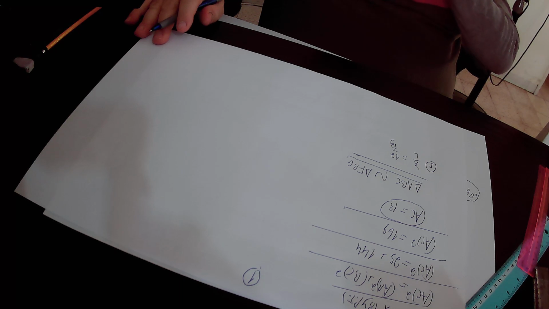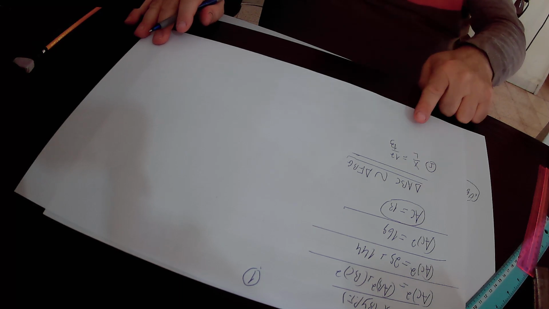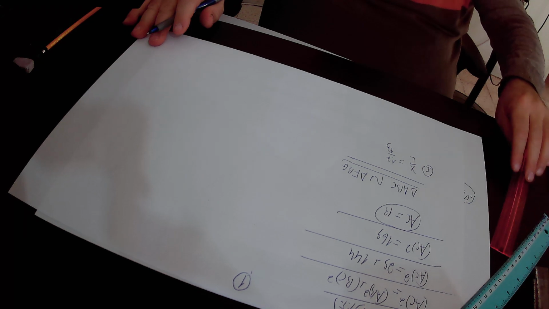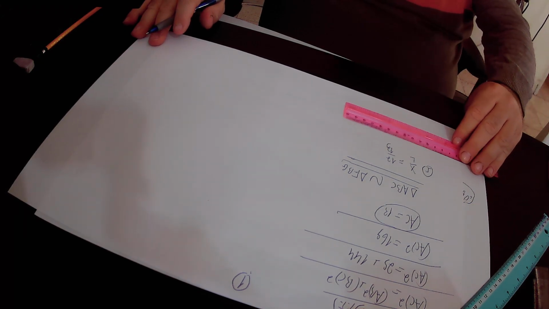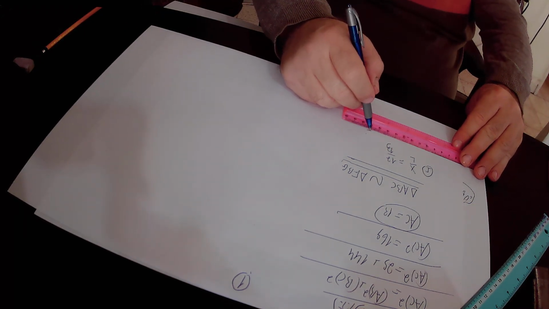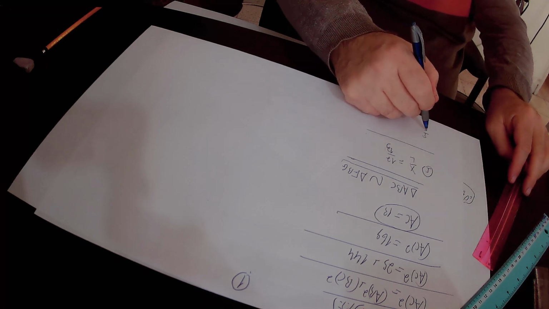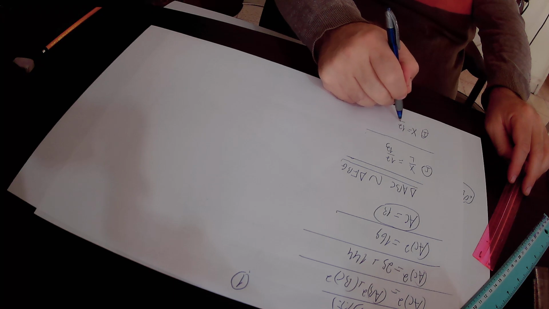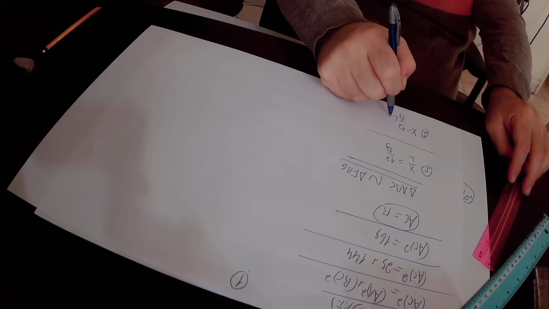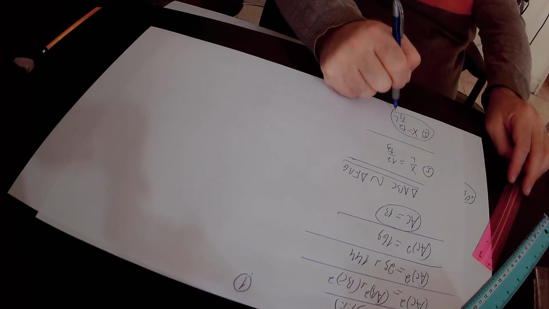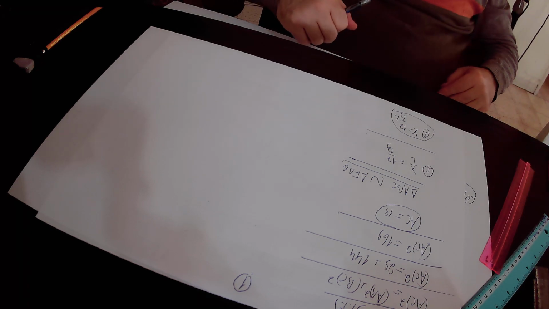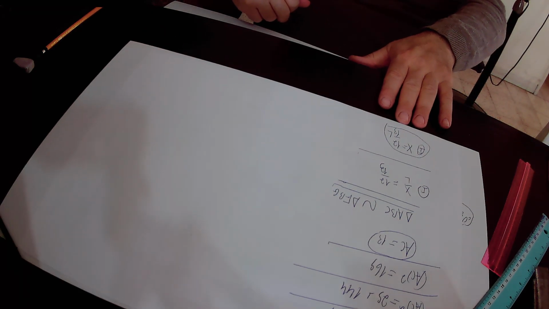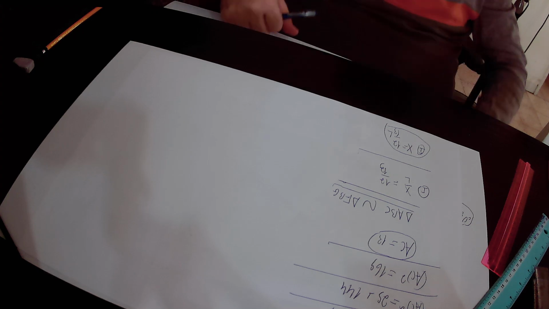Okay, so we will multiply this equation 1 by L, and we get that X equals 12 over 13 times L.